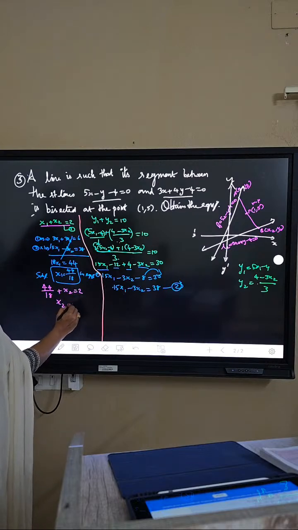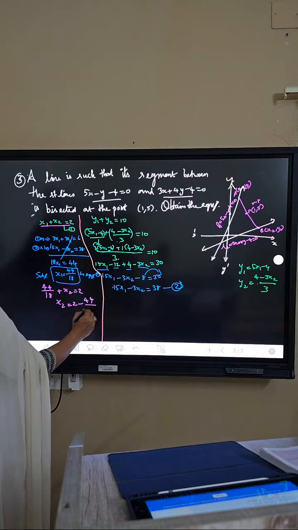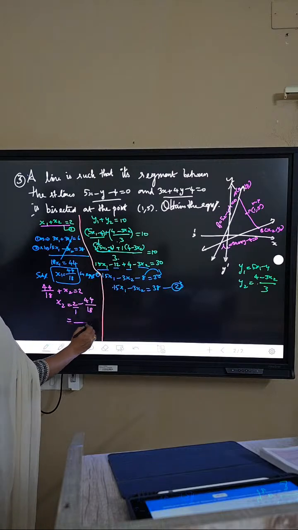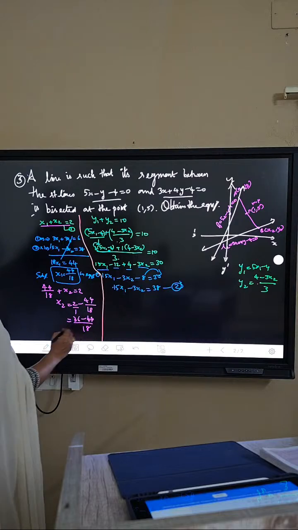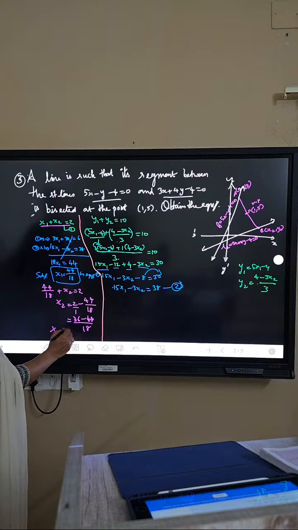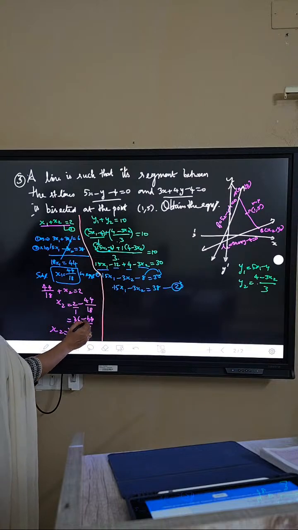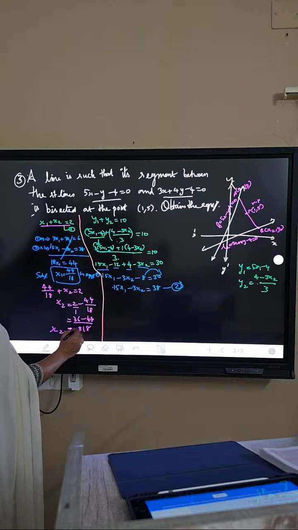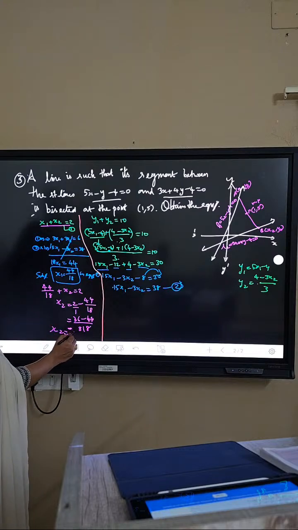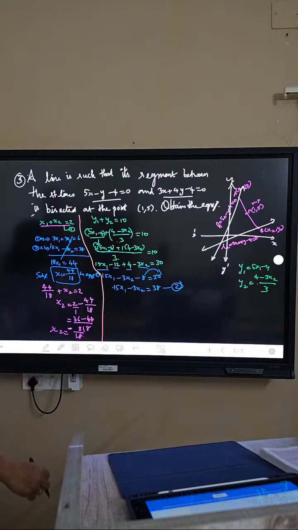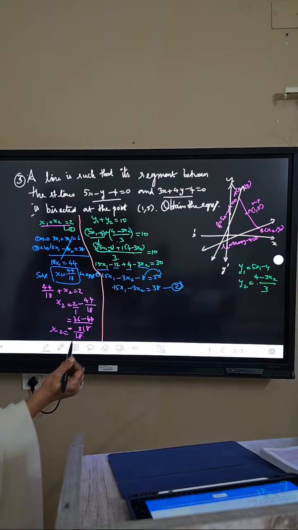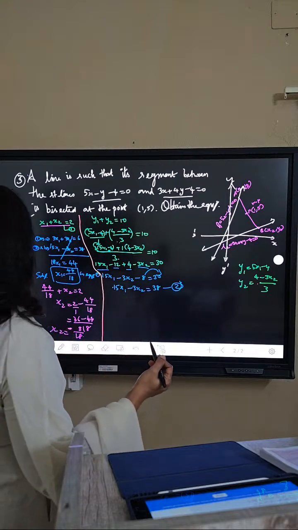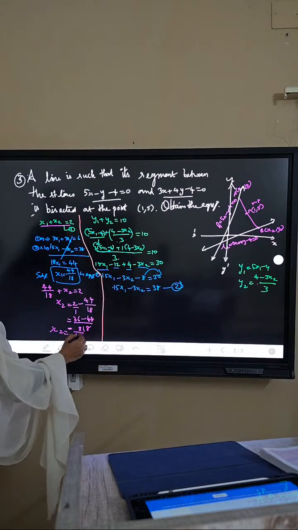So x2 is equal to 2 minus 44 over 18. Taking 18 as the LCM, 36 minus 44, so x2 is negative, 8, right? So negative 8 over 18. Understood? Okay.